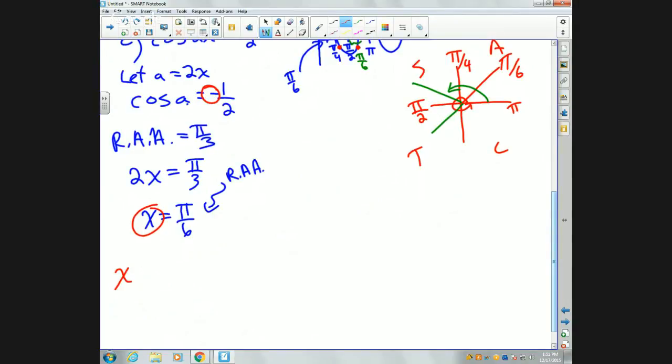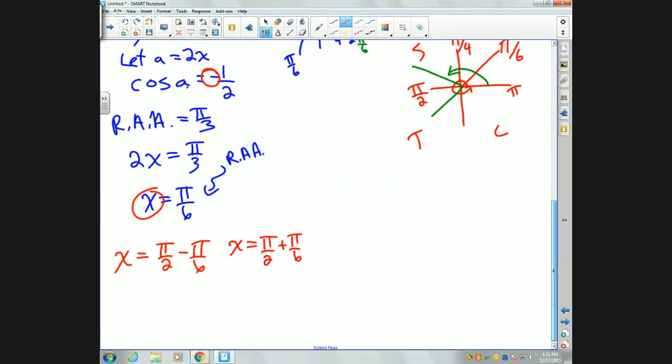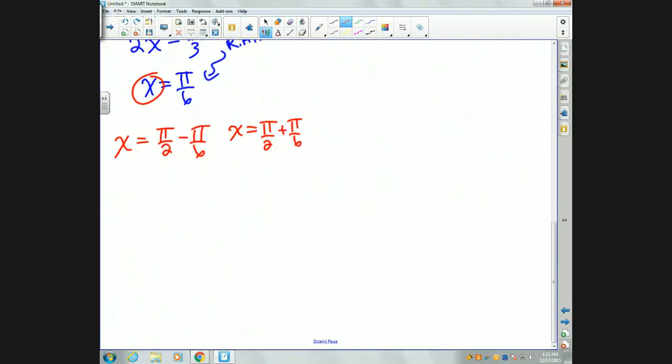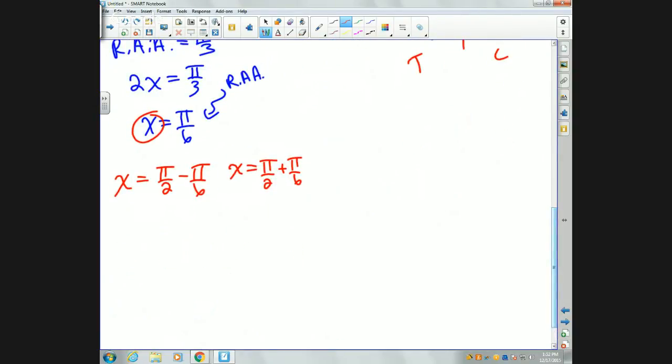Sorry, guys, because x is really equal to, what did we say, pi over 2 minus pi over 6? And x is also equal to pi over 2 plus pi over 6. Find a common denominator. We're going to get, multiplied by 3, take away, is this 2 pi over 3? Sounds about right. Oh, just 1 pi over 3.